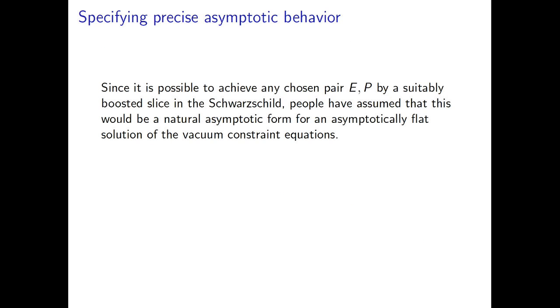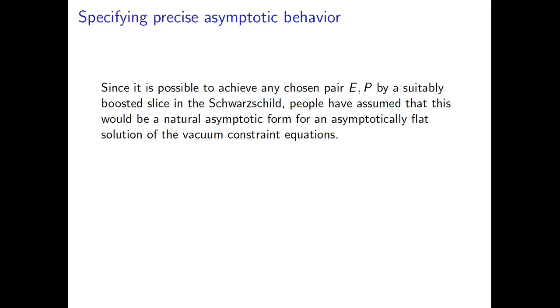But I want to talk about some more precise instances which involve the localization, the idea of localizing solutions. Again, the idea is that the constraints near infinity really are related to the conserved quantities, the energy, the linear momentum, and angular momentum.